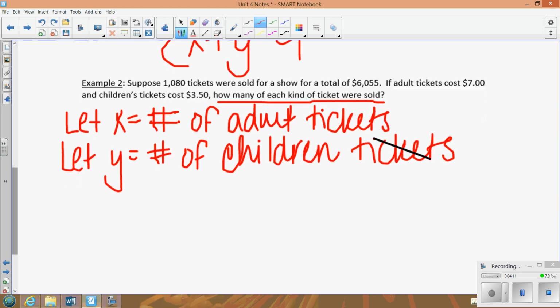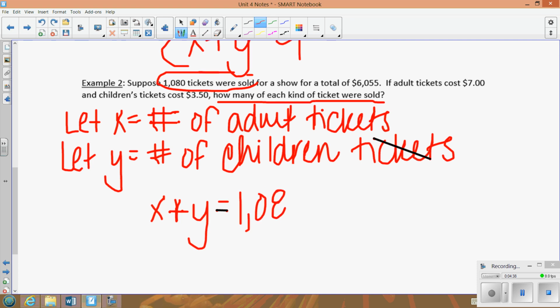So it says, suppose 1,080 tickets were sold. So that means there was a total number of tickets of 1,080. So that means x plus y would have to be 1,080 tickets, since the number of adult tickets plus the number of children's tickets was 1,080. So I'm going to go ahead and write that down. x plus y equals 1,080. So there's my first equation.